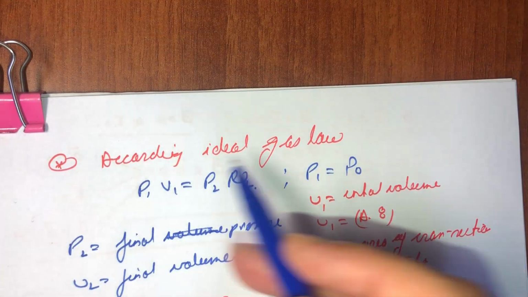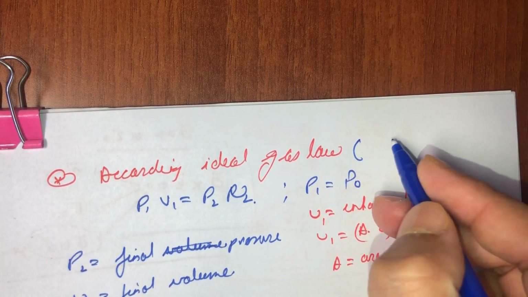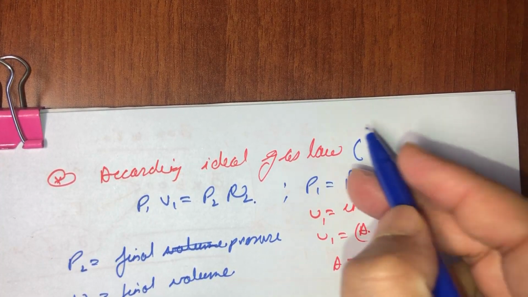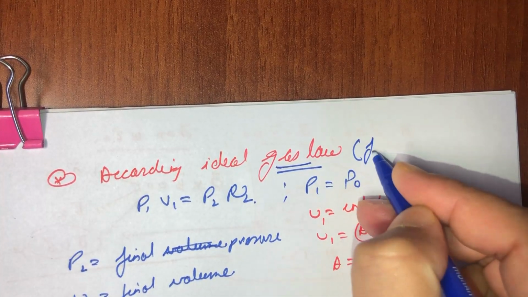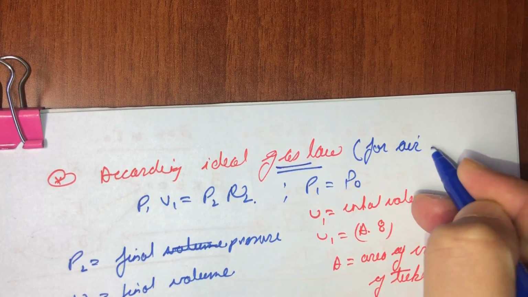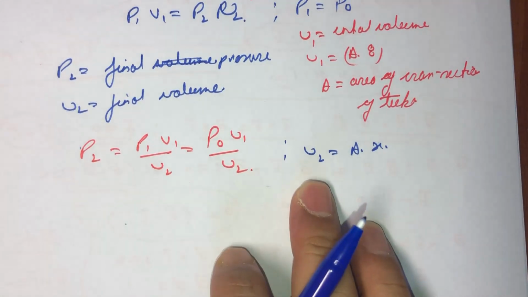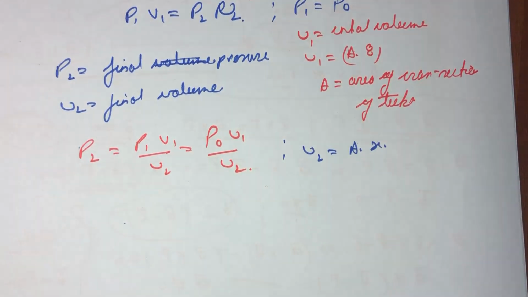This gas law is being applied only for the amount of air that is trapped inside the tube. So V2 will be equal to A into x, and V1 is equal to A into 8.